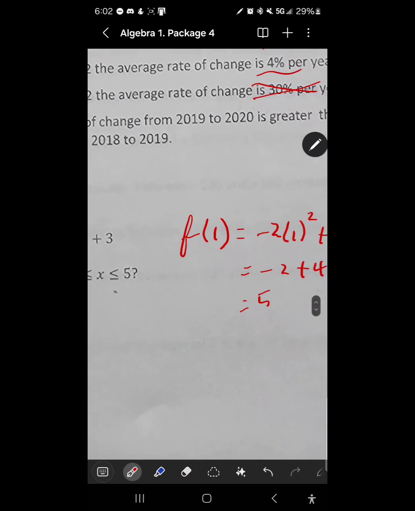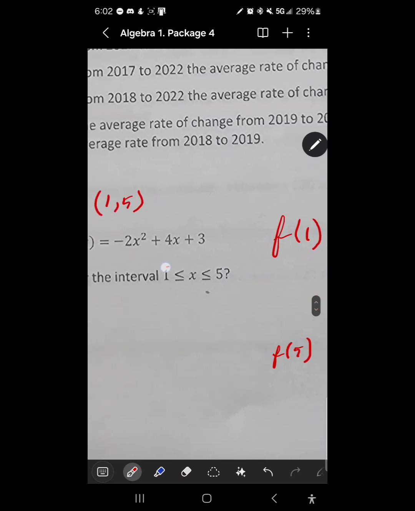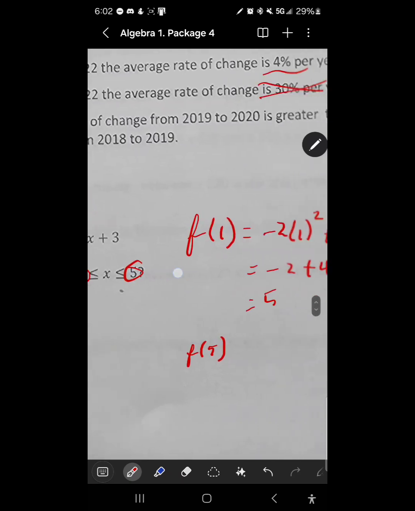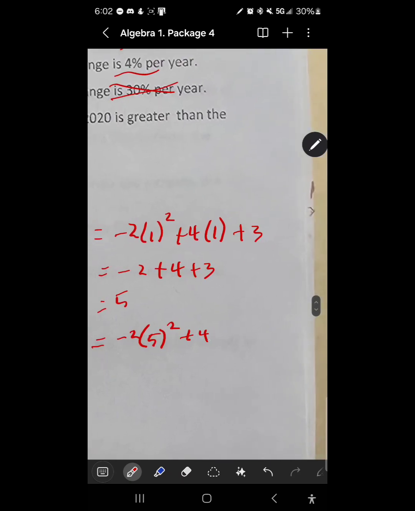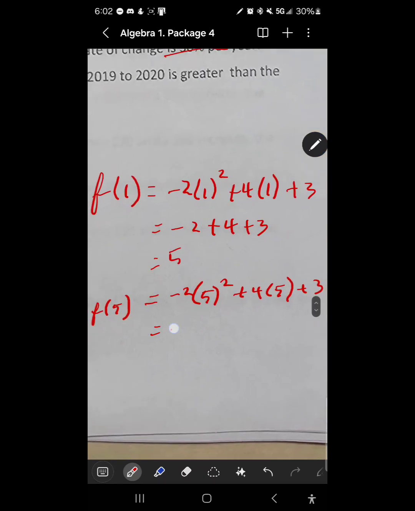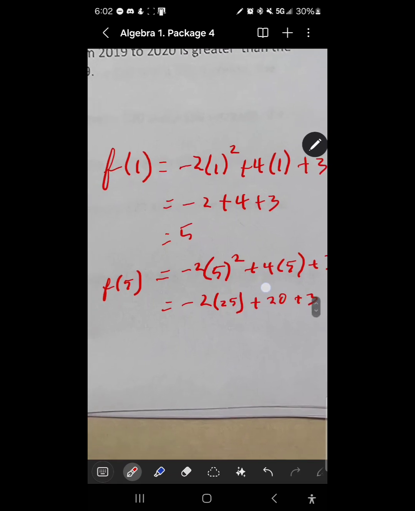Now we need to see what is f of 5, because they say on 1 to 5 here. So it will be -2 times 5 squared plus 4 times 5 plus 3. This will be -2 times 5 squared, which is 25. Then 4 times 5 is 20. We will just keep the 3.